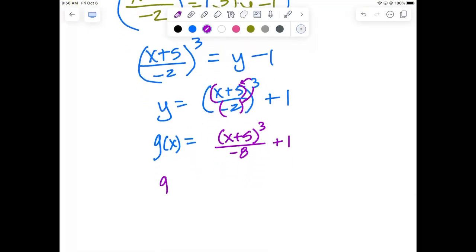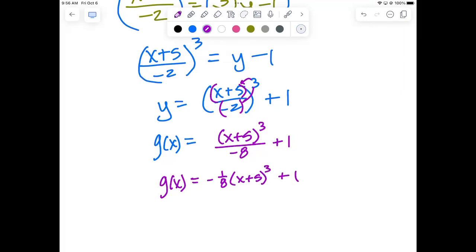And now I'm going to do something else, like we did on the test when I asked you to get the equivalent transformation. I'm going to pull the negative 8 out front and call it negative 1/8, so that it becomes the coefficient on the (x plus 5) cubed. That's the prettiest way to do it, right there. Dividing by negative 8 is the same as multiplying by negative 1/8.